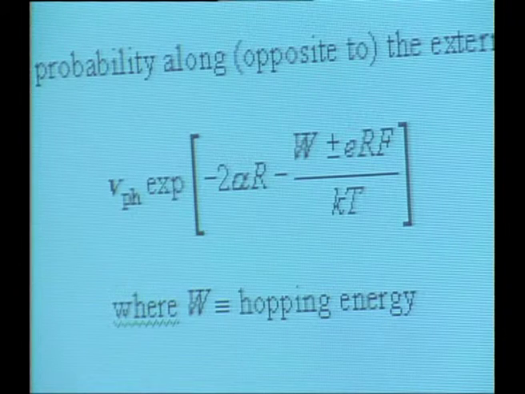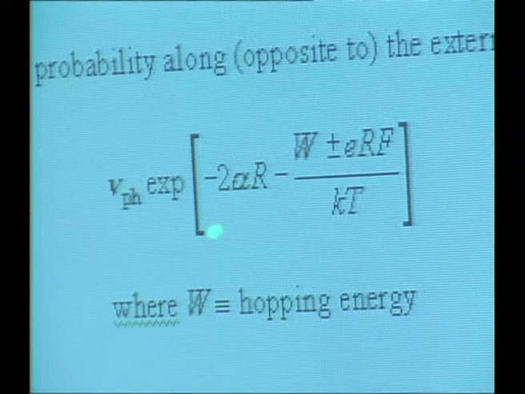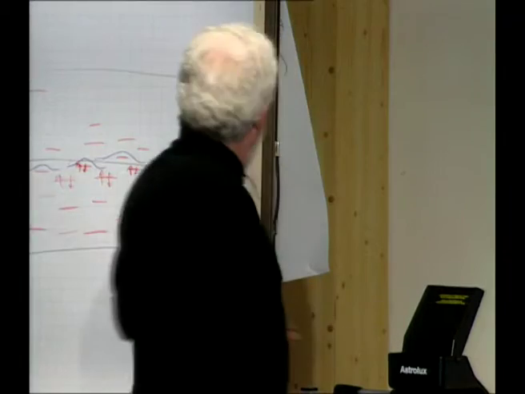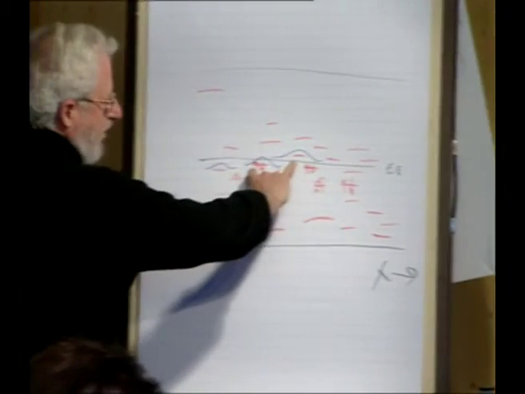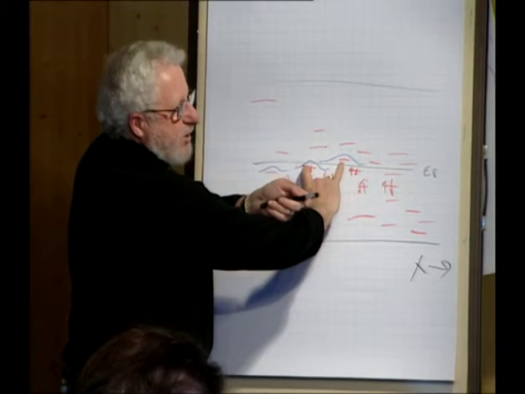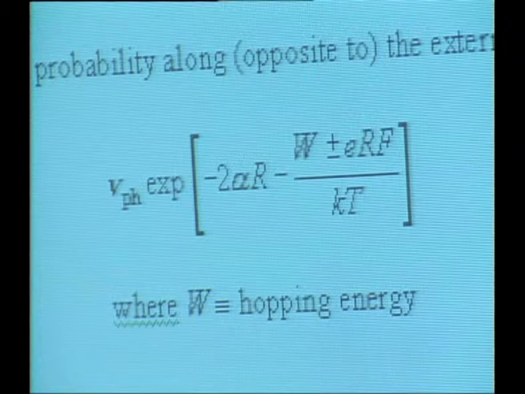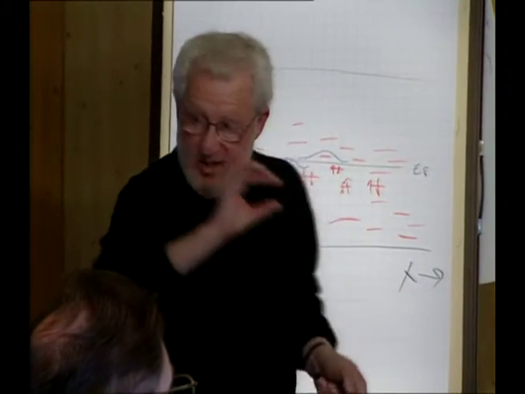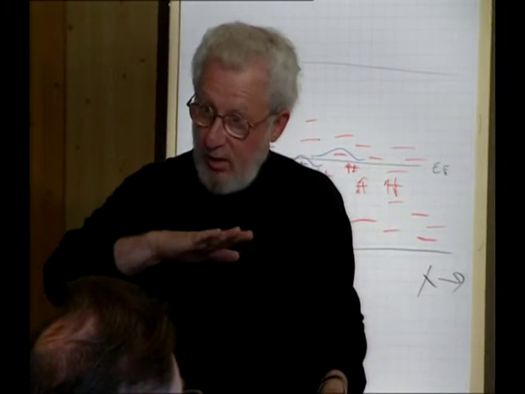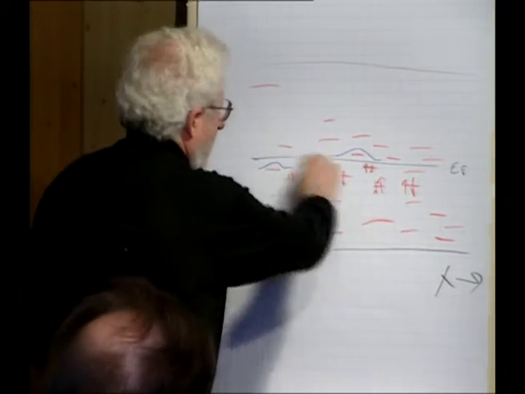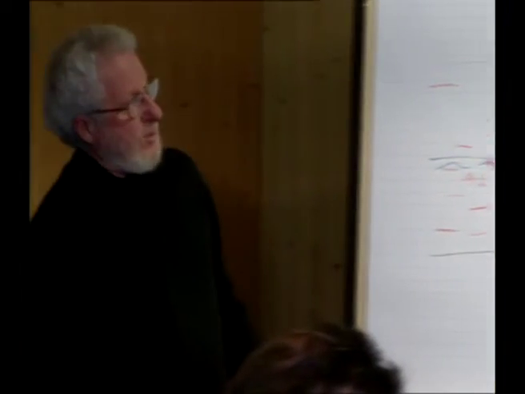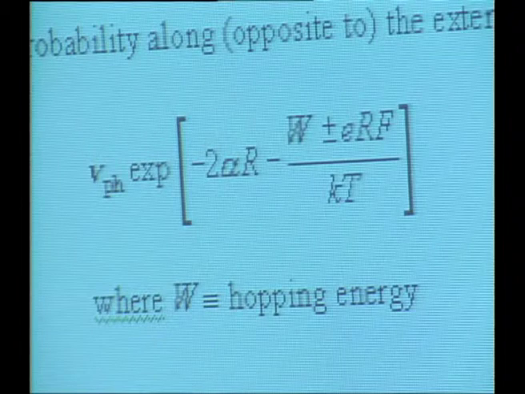So the probability of hopping from here to here is exponentially small in the distance, but the activation energy is lower if you go out far enough to find a state right near the Fermi energy. So here's the probability of hopping, and it has two features in it.